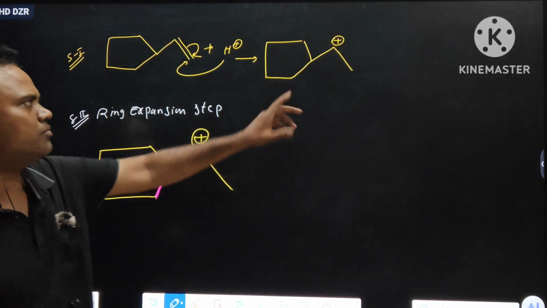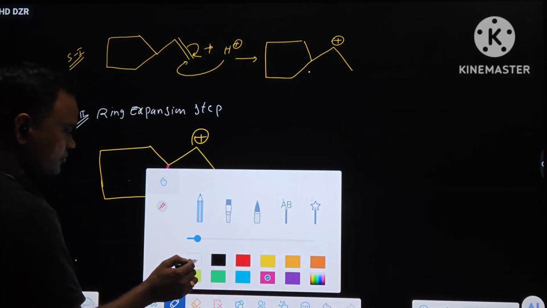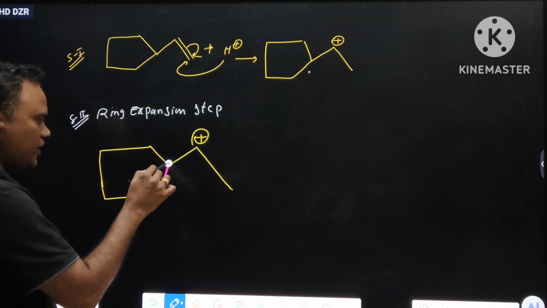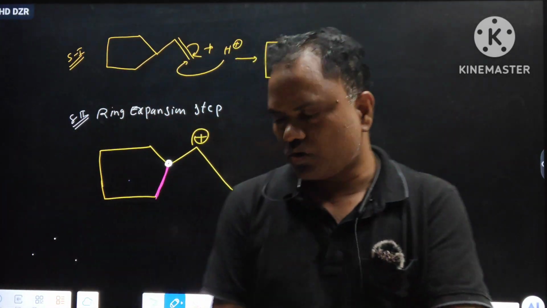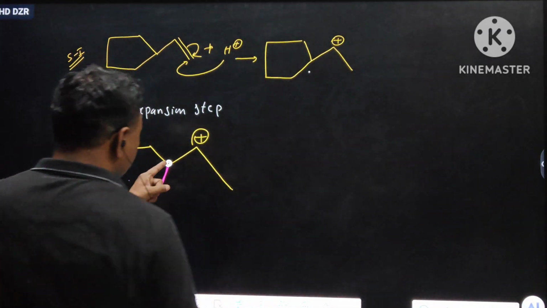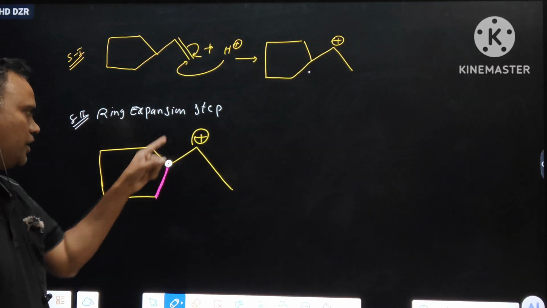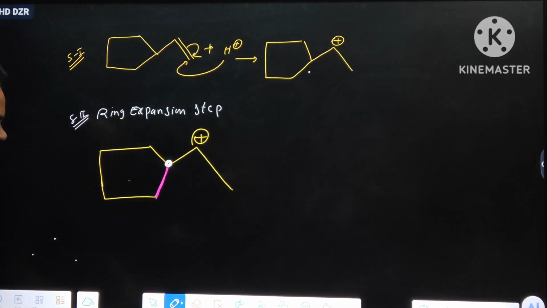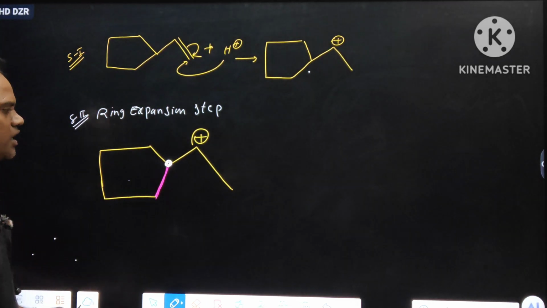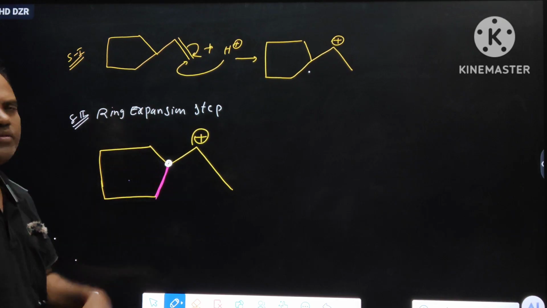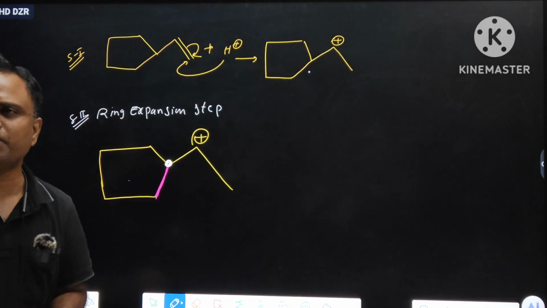I'm representing this bond in pink, and the white dot represents a carbon atom. That carbon is surrounded by 3 bonds, and another hydrogen is also present here, but generally we do not represent hydrogen atoms. Now this white dot carbon is connected to 4 bonds: one is the invisible hydrogen, and the second, third and fourth are pink bonds.